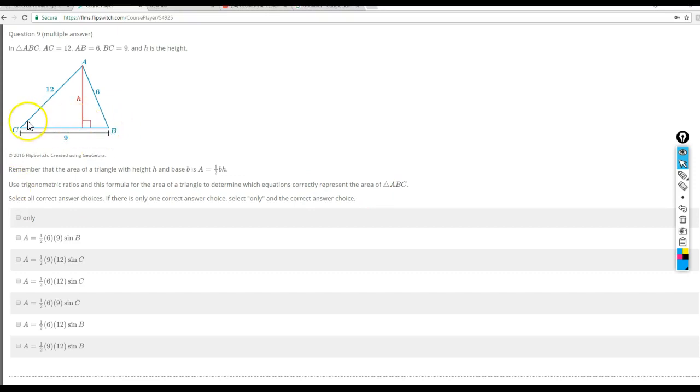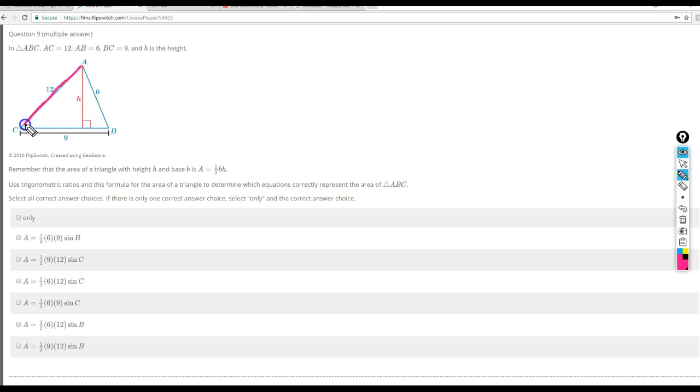So our base is 9 and the height is unknown. So we have two options, since there are two triangles, to find a different representation for our height.